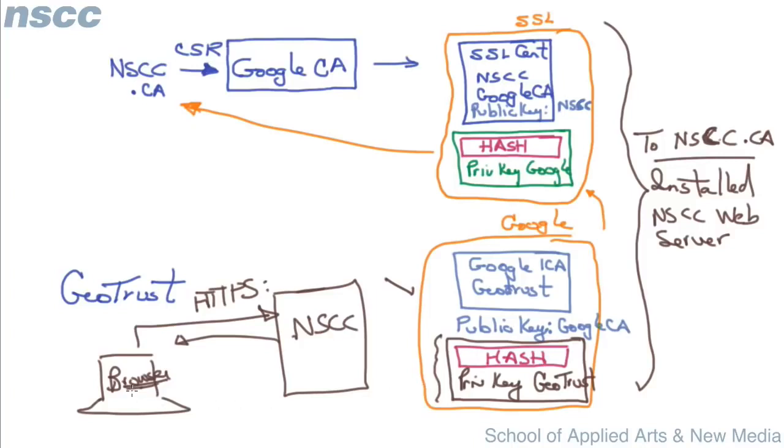It'll have the public key in the keychain, in the certificate that it keeps. It has the public key of all root CAs, so it can unencrypt this hash, and it can see that the Google Intermediate certificate is trusted by the root certificate. So it says, okay, I trust all root CAs that are in my list.